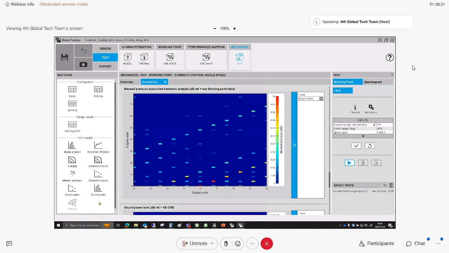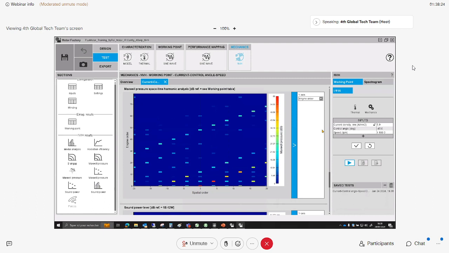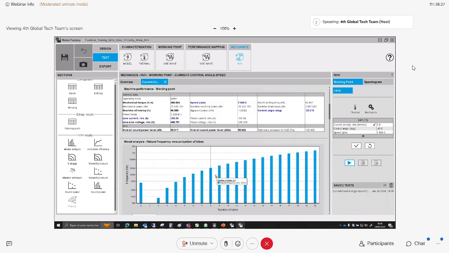But honestly, what is interesting for me, for this machine, is really the overall sound, the noise of this machine. Is the machine noisy or not? So I want to see the overall sound power level, especially with this dBA. So we have here like 56 dBA, and if I continue the work with the 6-pole, it can be another comparison point here.